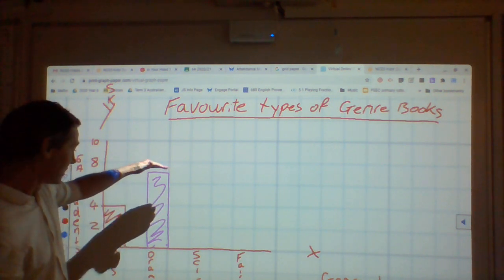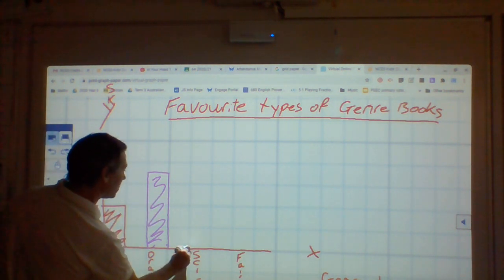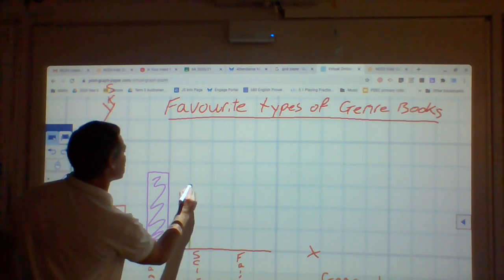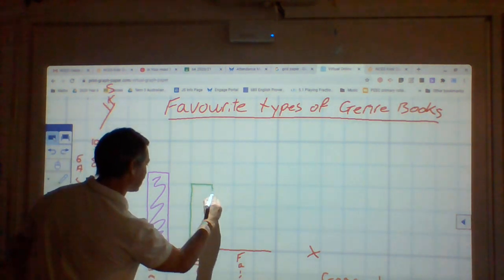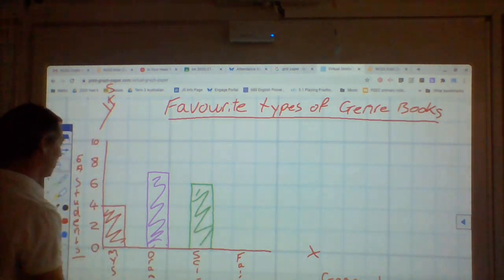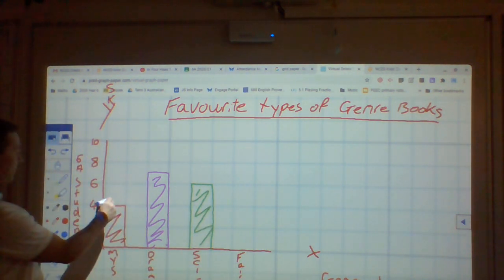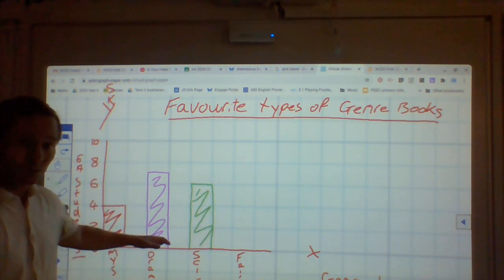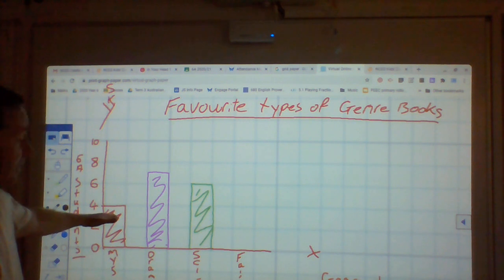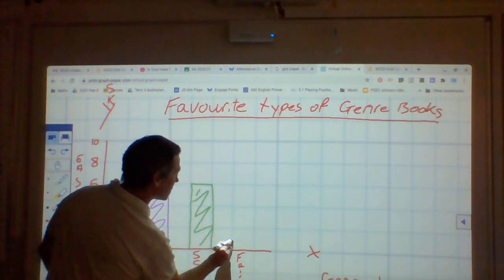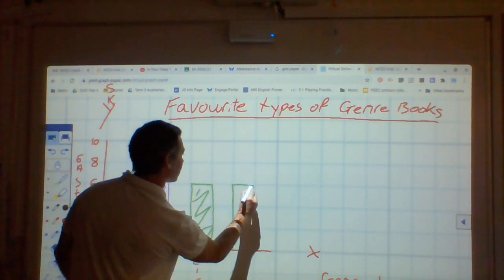There's 23 students in our class. Sci-fi was pretty close. They went to 6. And along here, you might have above it 4, 7, 6. So at the moment there are 17 students. That means there were 6 that also chose fairy tales.